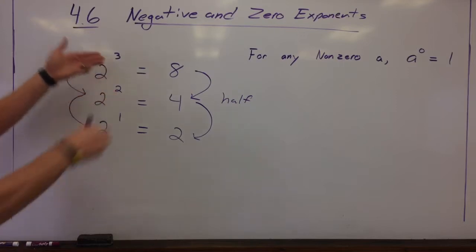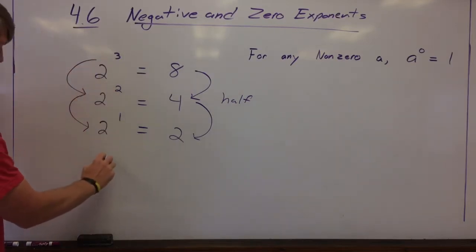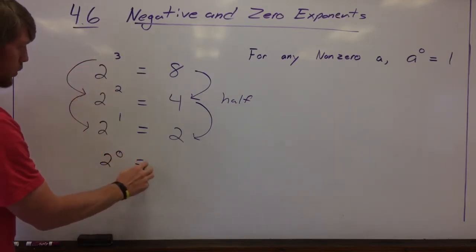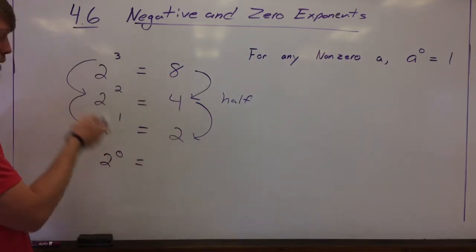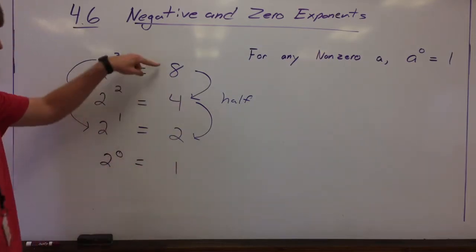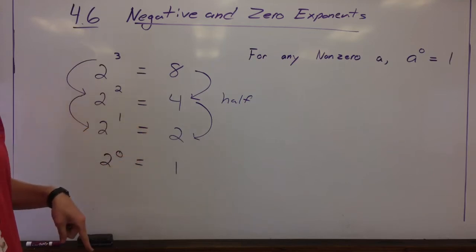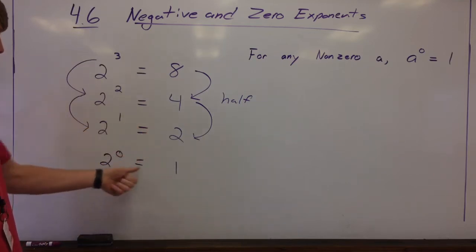So if we continue the pattern, you would expect the exponent here to be 0, and you would expect that to be equal to 1. So we have 2 to the 0 power equals 1.